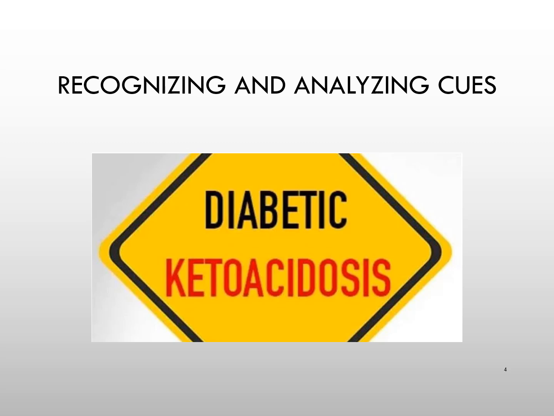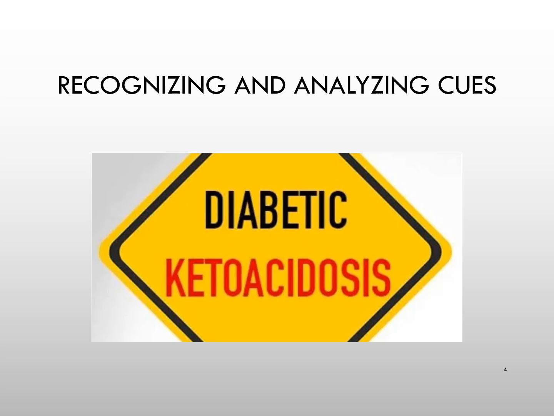Ketosis. Kussmaul respirations as the body attempts to correct the acidosis. The ketosis is due to the fat breakdown for energy. We have that fruity odor to the breath from the breakdown of fats for energy.